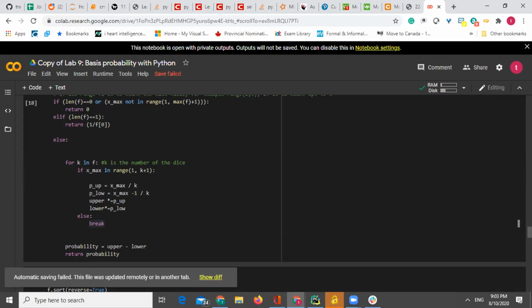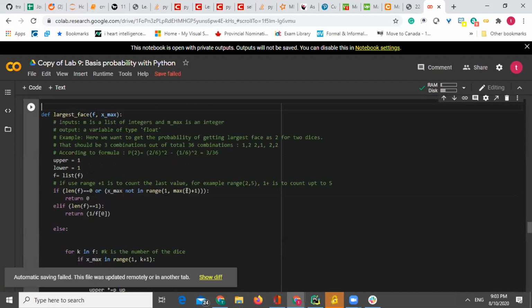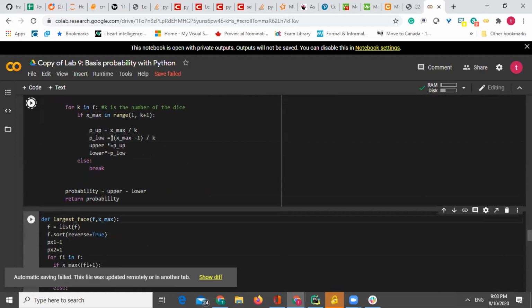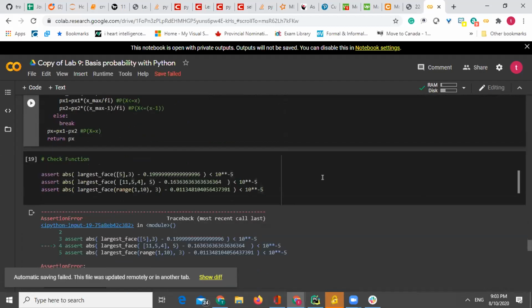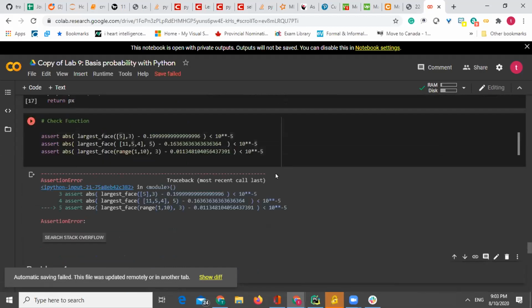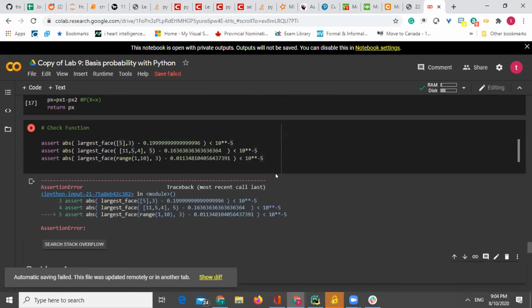Put the x max minus 1 between brackets. Oh, okay, good catch. Priority of operation. Why isn't it working?